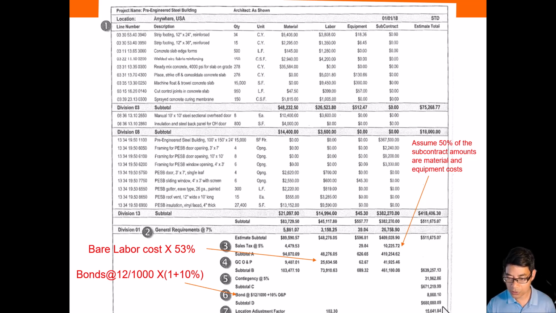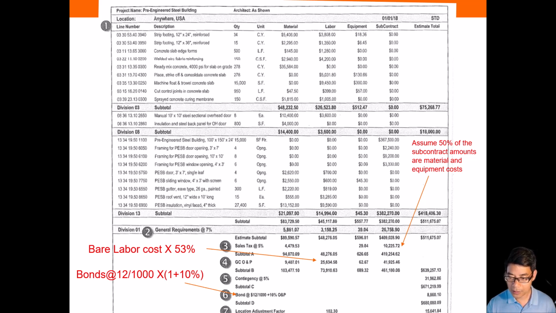We got subtotal D. And the last portion for this is the location adjustment. So the location cost index is 102.3. The national average is 100. So what this is saying is you have to make some adjustment. This number is times 2%.